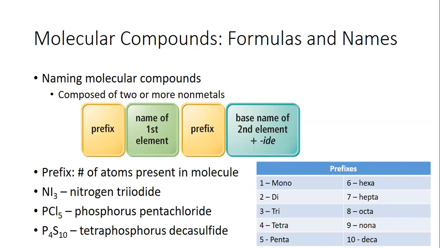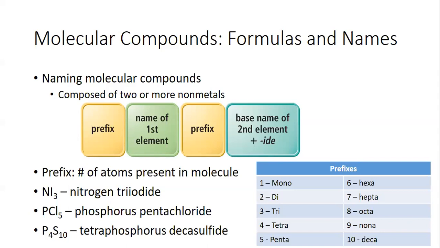Here again, if you only have one copy, technically you could put mono. You don't need to. So for NI3, it's nitrogen triiodide. You could put mononitrogen triiodide. It's not incorrect. It sounds a little weird because most people don't use mono, but not incorrect.